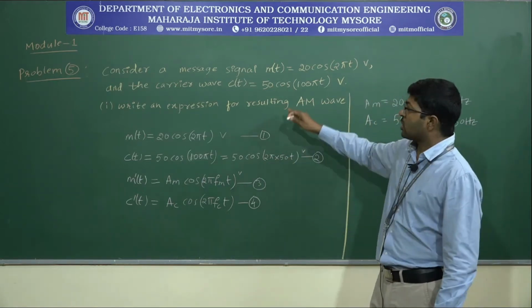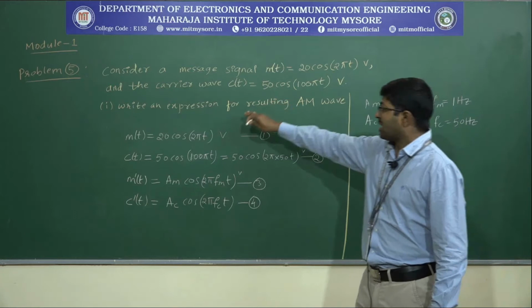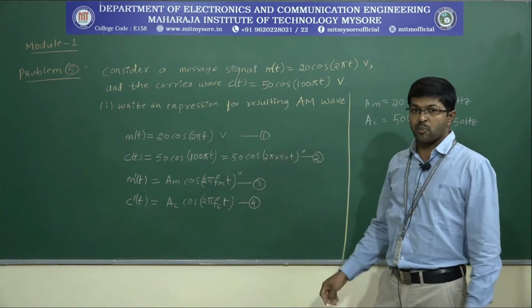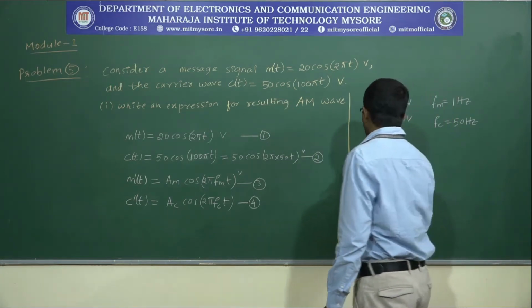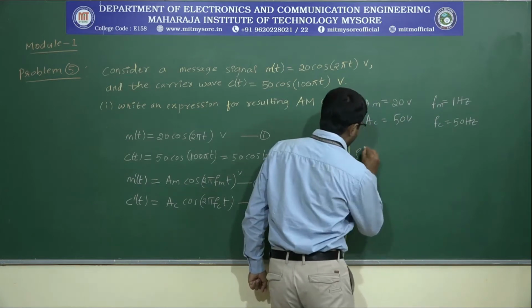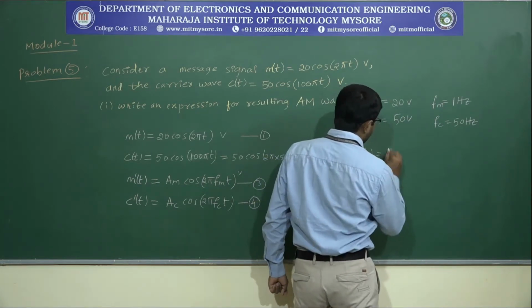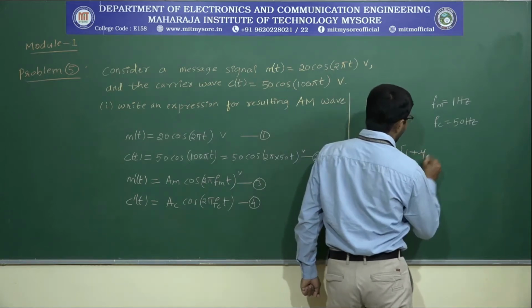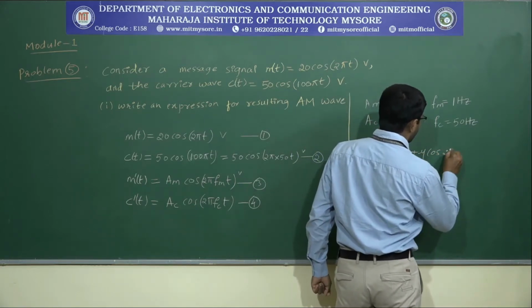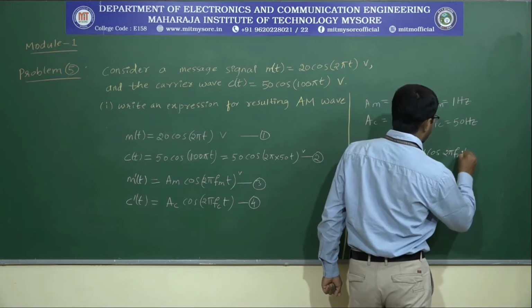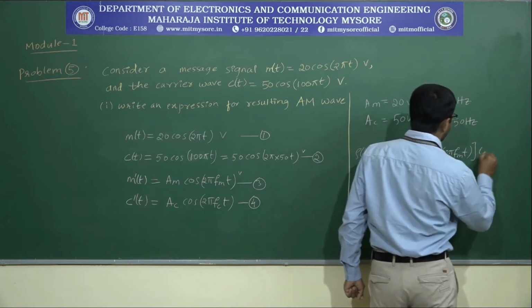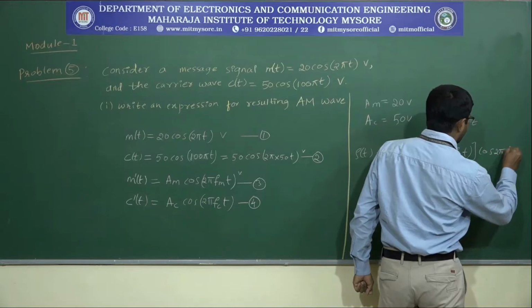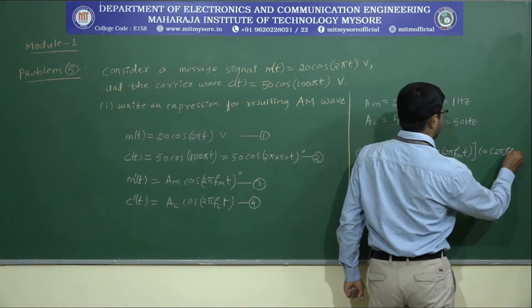What we need to write is the expression for the resulting AM wave. What is the standard AM wave equation? S of t is equal to Ac times 1 plus mu cos 2 pi fm t, into cos 2 pi fc t.